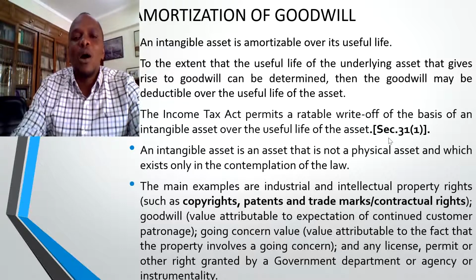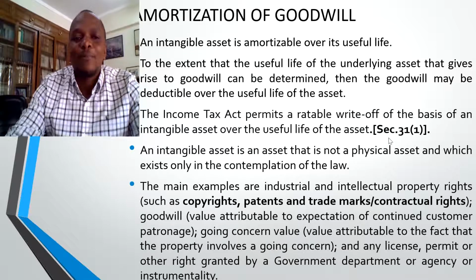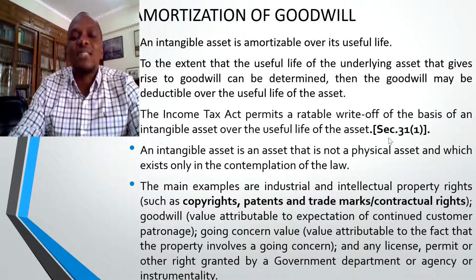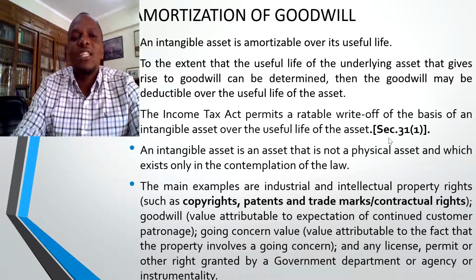So when we talk about goodwill, it also includes other intangible assets. These intangible assets may be acquired by a given business, and in acquiring those assets to generate income, that business is allowed a deduction. So I want us to look at how the Income Tax Act treats such deductions.